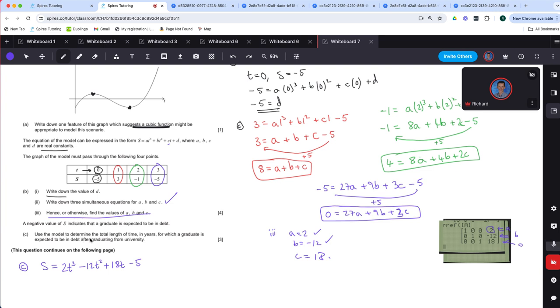And what we need to do is we want to use the model to determine the total time in years for which a graduate is expected to be in debt after graduating from university. So what we have to do is, if they're in debt, so a negative value indicates when they're in debt, so we wanted their debt to be 0, so I have to put this equal to 0, so they've got 0 debt.